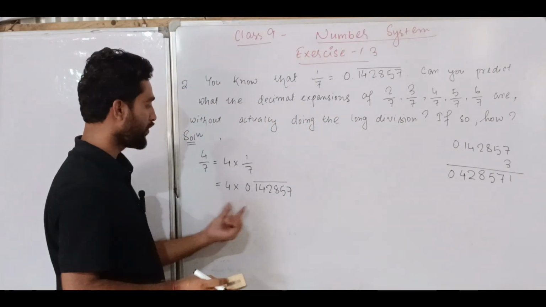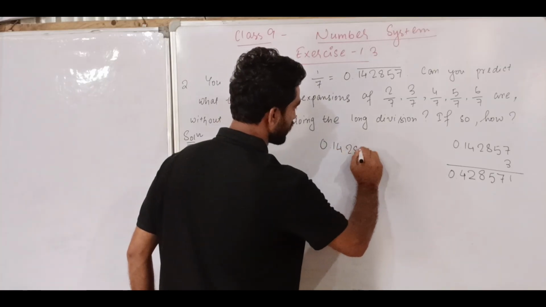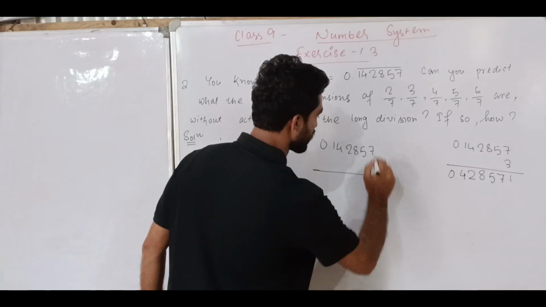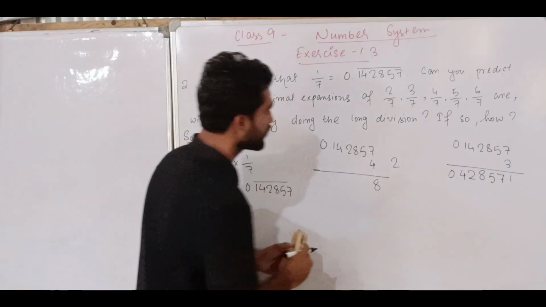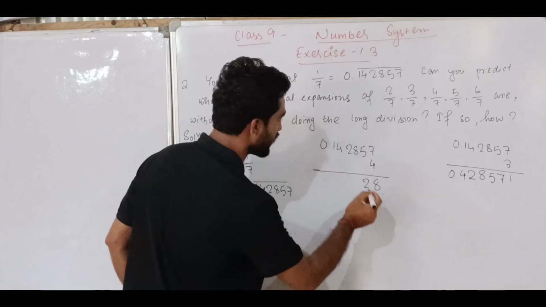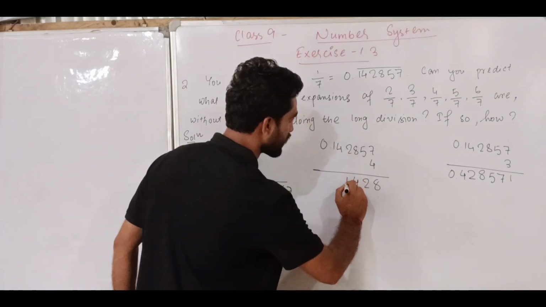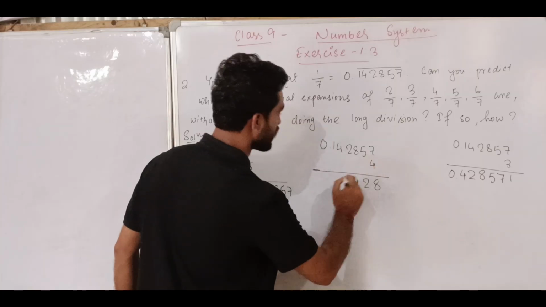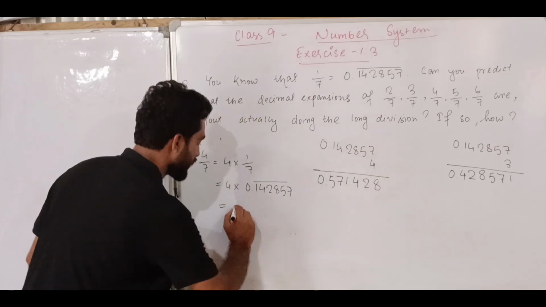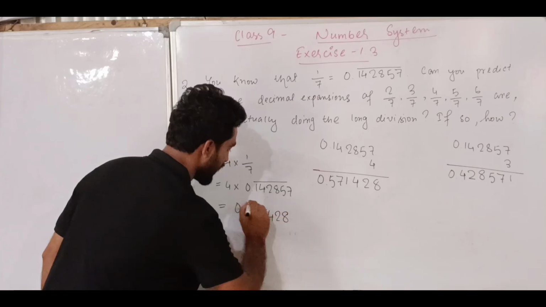Now multiply this with 4 and we will get the decimal expansion of 4 by 7. 0.142857 times 4. So this will be 0.571428 bar.